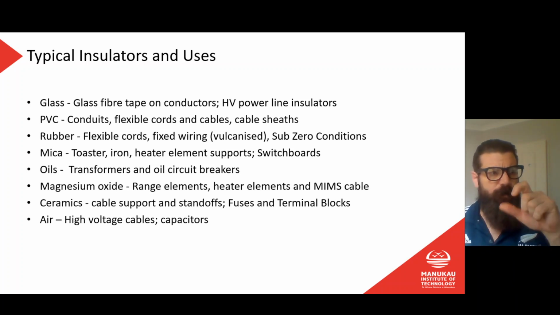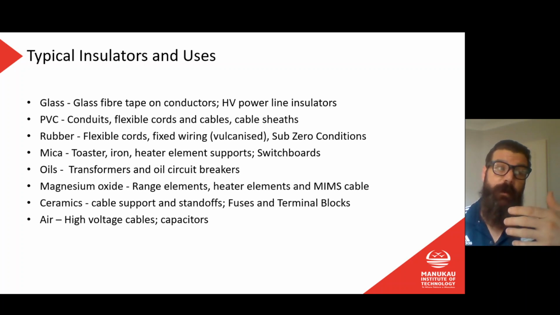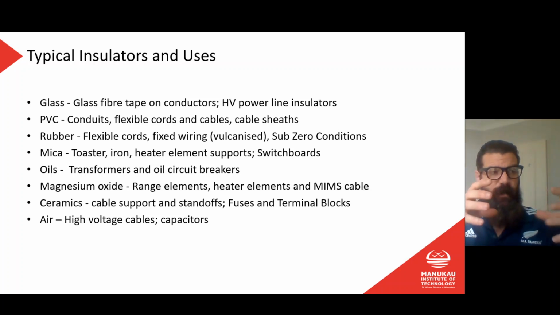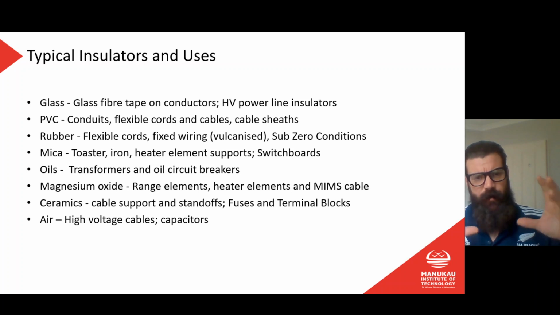So mica is like a white ceramic looking thing. We use those in toasters, irons, heater elements, and supports in switchboards. Oils, so we can use certain types of oil as an insulator, and we would use these inside transformers. So you have the big transformer case with massive coils inside there. We'll learn about transformers at some stage, and then to insulate the coils from the case, you can fill that thing with oil.